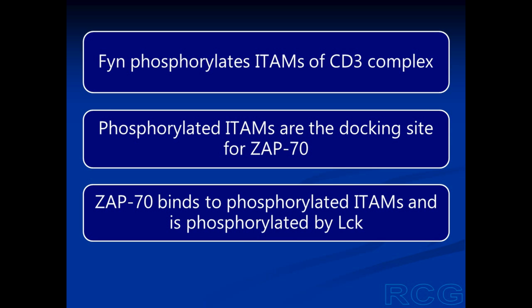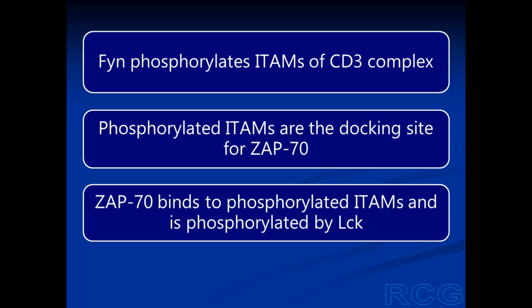The active FYN now phosphorylates the ITAMs of CD3 complex. The phosphorylated ITAMs are the docking site for ZAP70. So they attract ZAP70. ZAP70 is bound to the ITAMs of the CD3 complex.